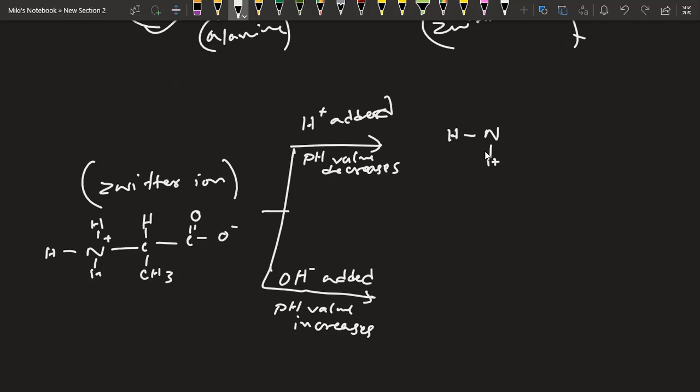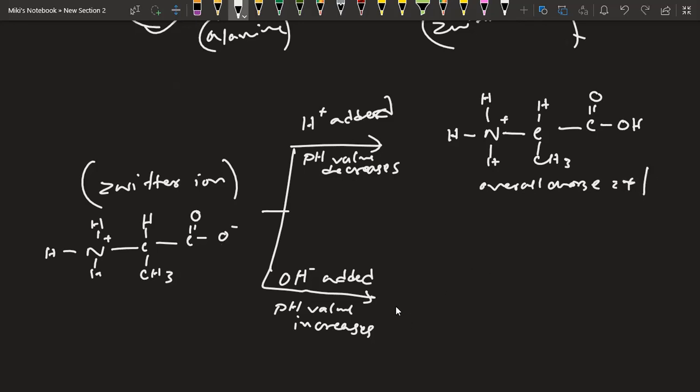The negative portion, the portion which was C double bond O minus, with CH and CH3, will gain the hydrogen, forming OH. Now we have an overall charge of plus 1.